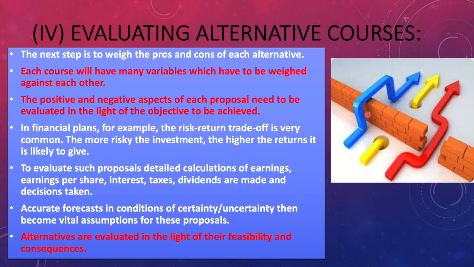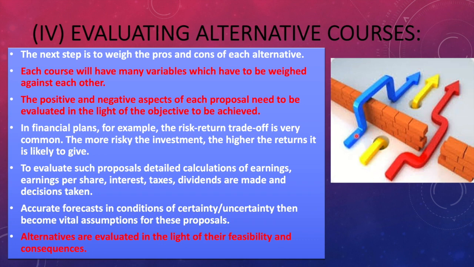So here we need to evaluate all the alternative courses, correct? Like we need to cross this wall. So there are ways we can go above this wall. Then we can go under this wall, or we can just break the wall and cross it like this. So these are the different alternatives.